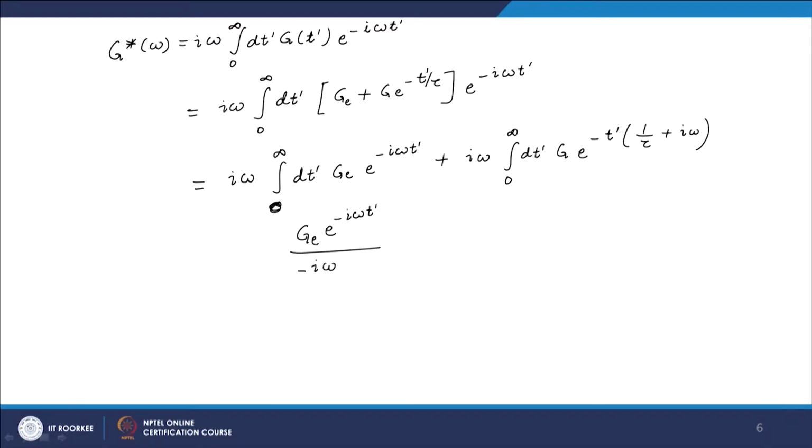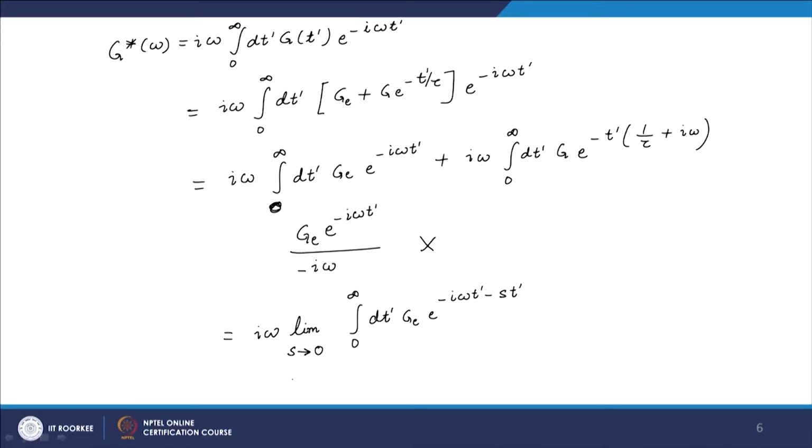Instead of doing that, we write the function as I omega multiplied with limit s going to 0, integral from 0 to infinity dt prime Ge exponential of minus I omega t prime minus s t prime. So, we add a real term in the power of exponential that will really make our job convenient here.